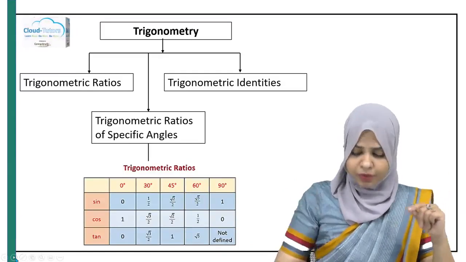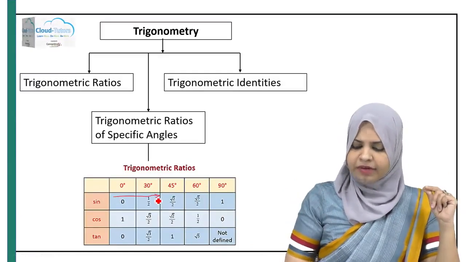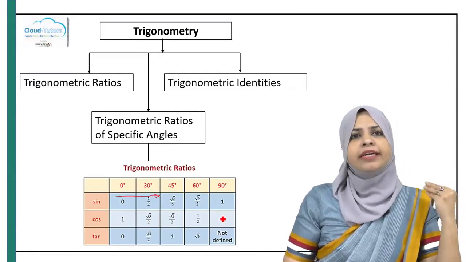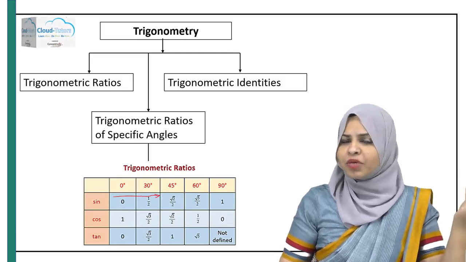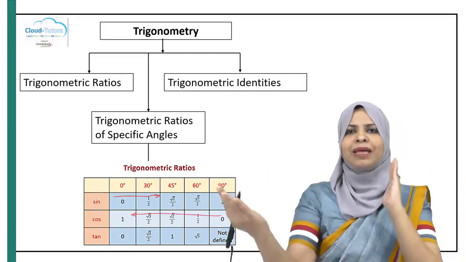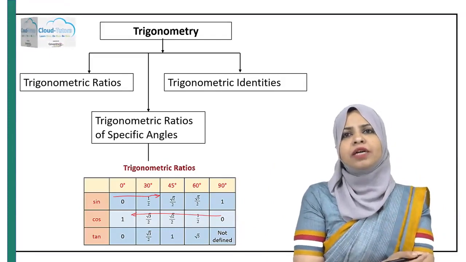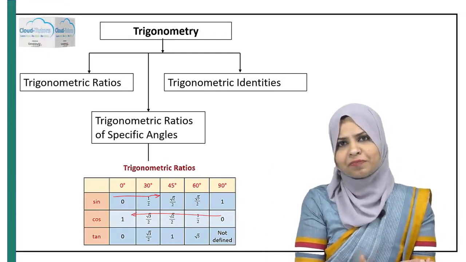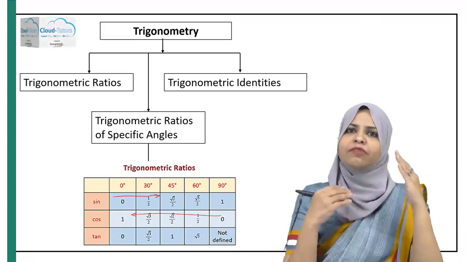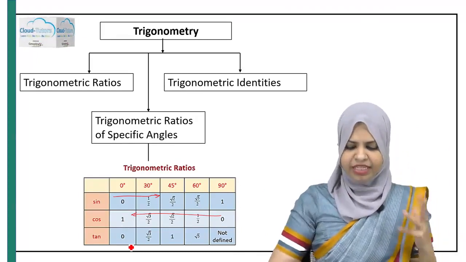Now, trigonometric ratios of specific angles. I had told you, if you remember only the values of sine, you can remember the entire table. So what was the trick? Just the inverse, or mirror image, of sine will give you the values of cos. And the ratio of sine and cos will give you tan. So if I divide 0 by 1, it is 0.